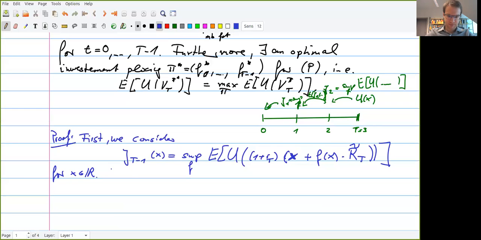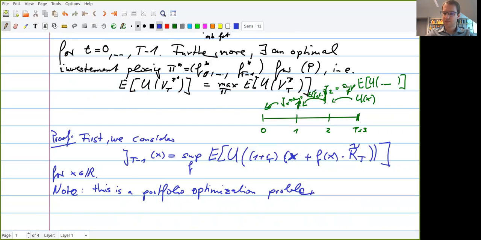But now note, this is a portfolio optimization problem in one period, because if I start at time T-1, I just have one trading period left. So we know how to solve this.